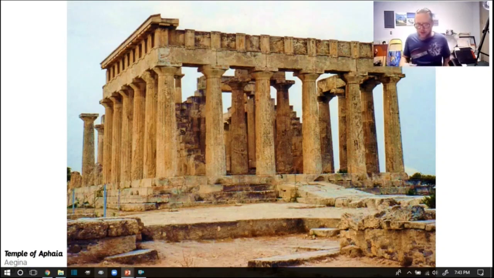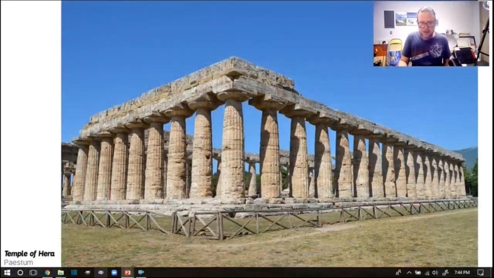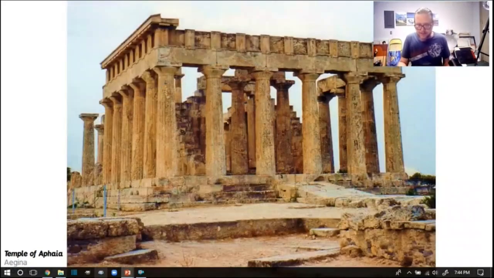It refined those earlier Doric models and made the columns much more slender. Let's go back. Look at those big fat columns on that one right there. And it would have had what the Greeks thought were mathematically ideal proportions. We won't get into those. You don't need to necessarily know the math, but they had very specific proportions that they felt were ideal and perfect for a temple.